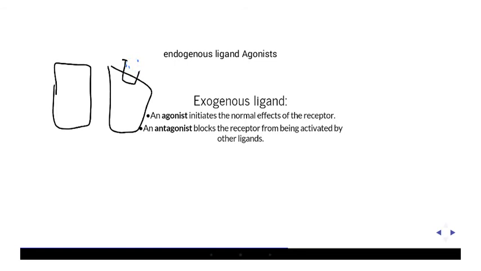But if we have an exogenous ligand and it's an antagonist, maybe it blocks the receptor and doesn't allow the channel to open at all. And it doesn't allow the normal neurotransmitter to bind to the receptor either. So it takes that receptor out of action, sometimes forever, but usually for a certain period of time. The receptor binds the drug, the exogenous ligand that's made from outside of the body, and it does something opposing what it normally would do if the neurotransmitter were bound. We'll see examples of this in the coming slides.